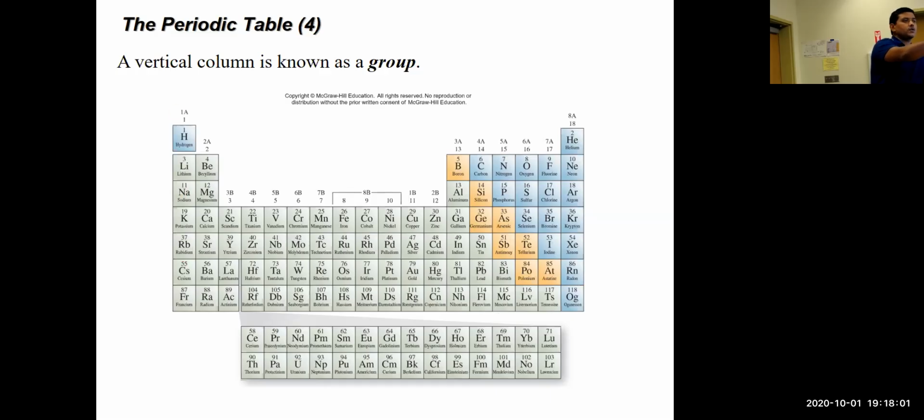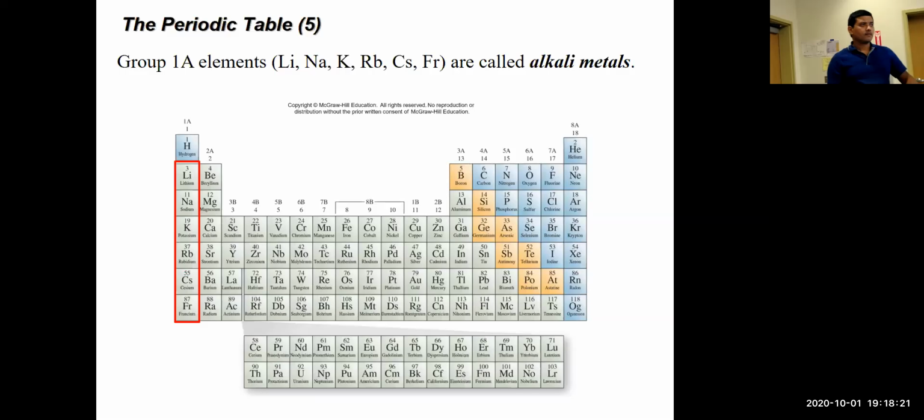So this is called group 1A, this is group 2A, and this is group 3A, and so on. The group number is written on top of each element, and all of the elements in the same group use the same group number. So let's dig into a few groups and their characteristics.